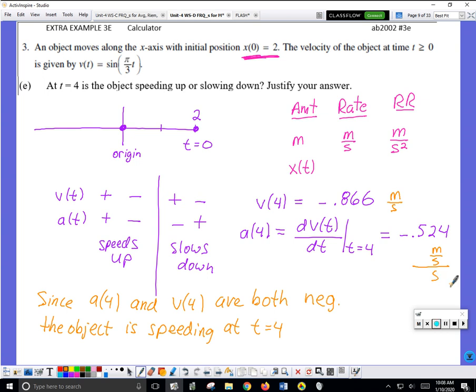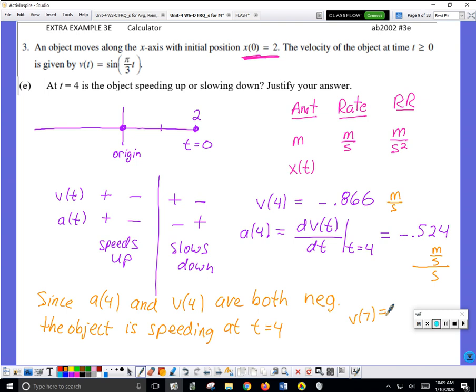If the acceleration were to stay constant at this value for 3 seconds, raise your hand if you could tell me what the velocity of the particle would be at time 7. Now, I'm inventing a problem that doesn't really match this, because in this problem the acceleration is not constant. But to help you understand what we mean by amount, rate, and rate of the rate, this is a good example.